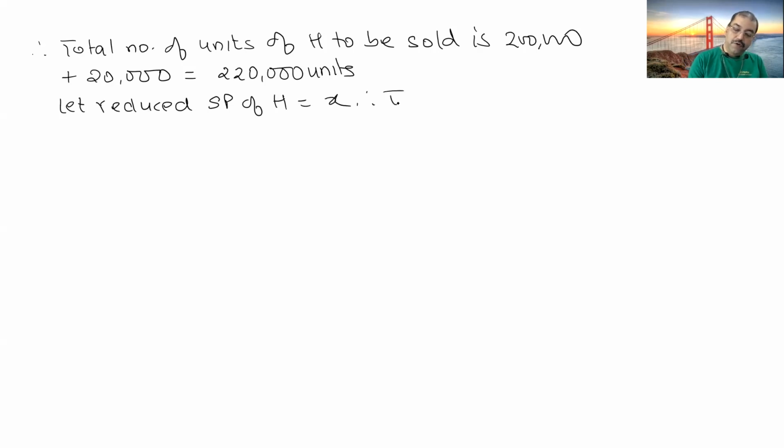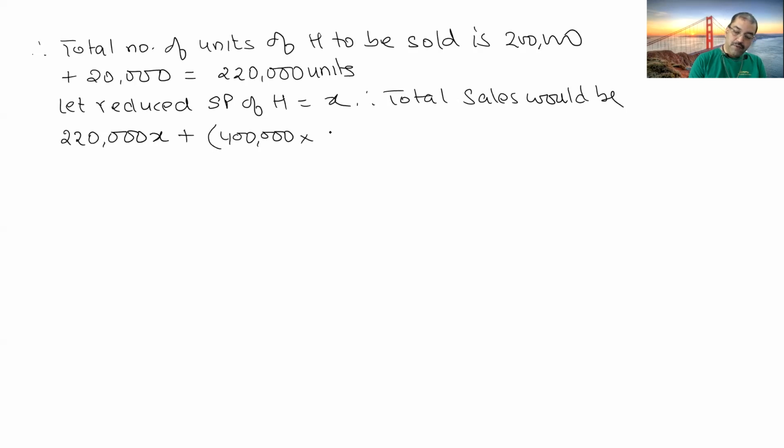Therefore, total sales would be 2,20,000 into X, that is the sales of H, plus 4 lakh units of T at 20 rupees per unit, plus the additional order of 40,000 units of T at 15 rupees per unit.